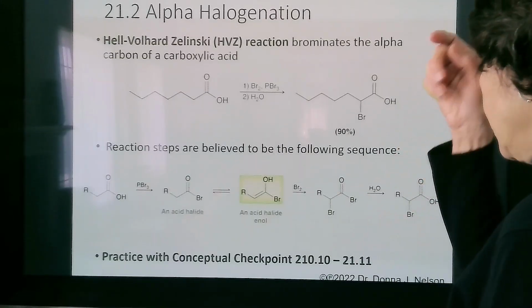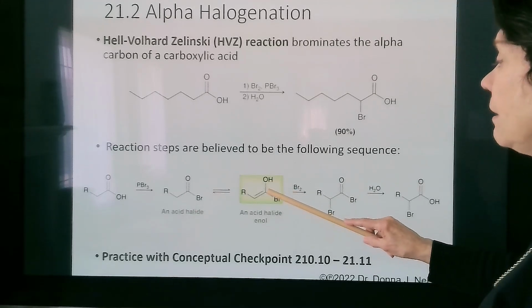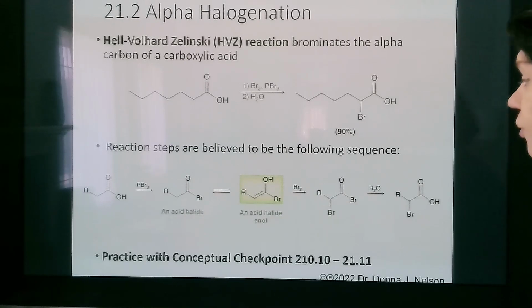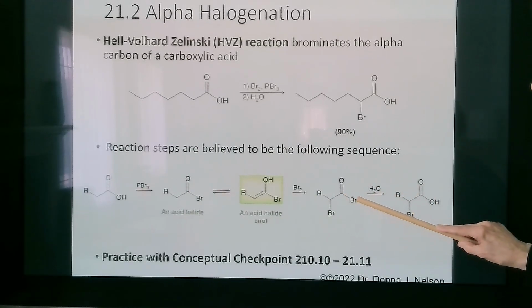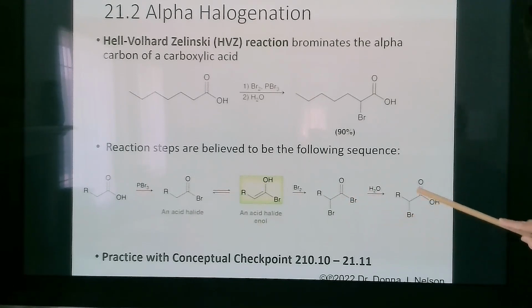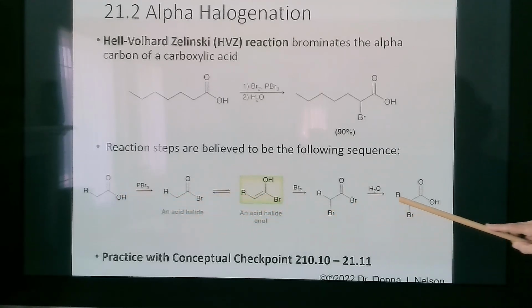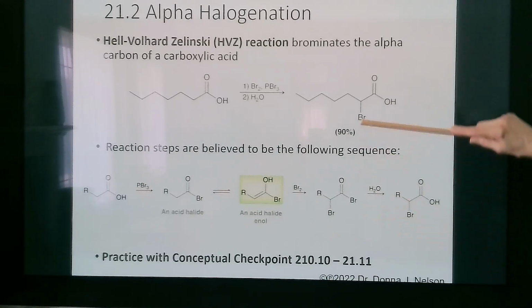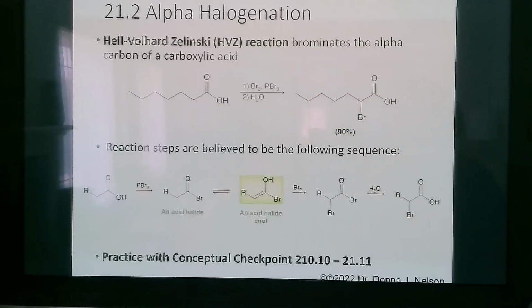And so that is what has happened here. Then, remember when you have acid halides, they're very reactive, and so adding water to the acid halide regenerates the carboxylic acid. And so although this has several different steps here, the overall reaction is that you have simply functionalized at the alpha position.